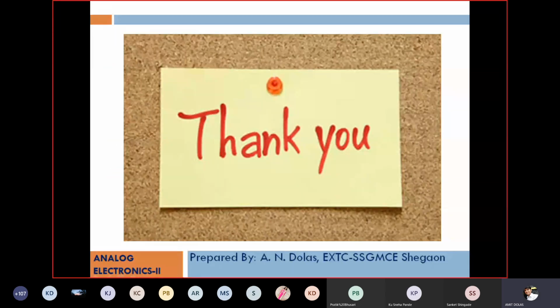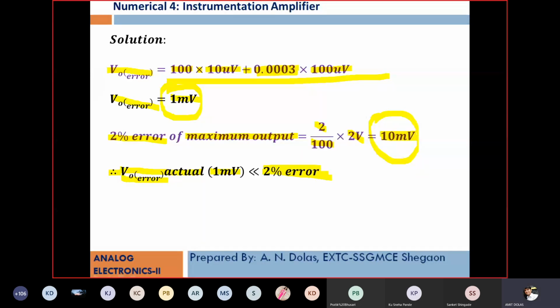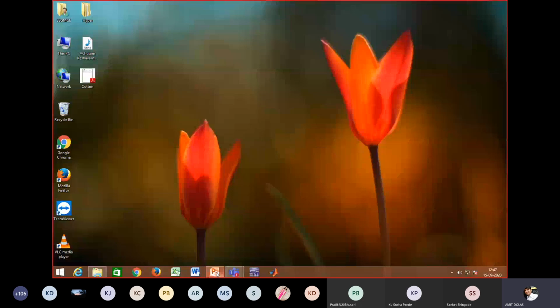So this was all about the instrumentation amplifier and bridge amplifier. One or two more similar problems will be conducted to understand such type of problem.